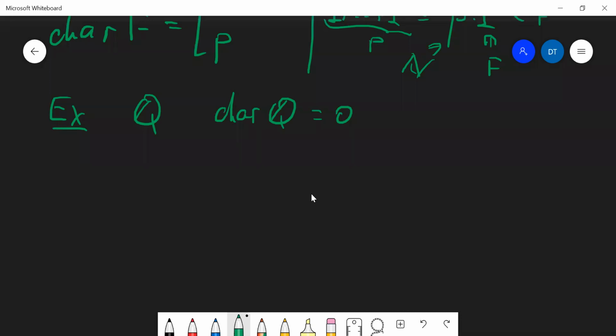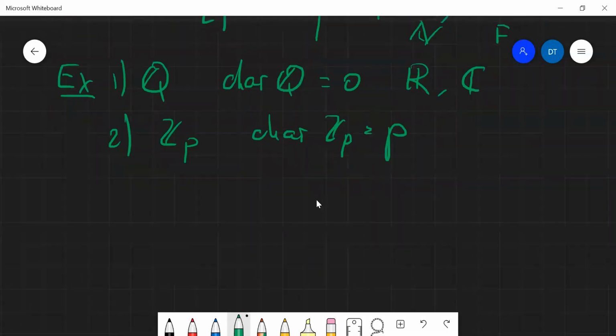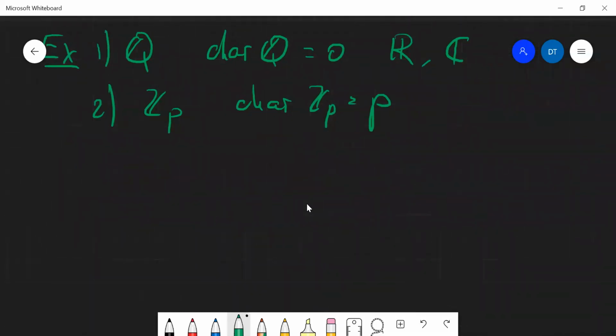And the same happens with the fields R and C, the real numbers and complex numbers. On the other hand, if you take Z_p as a field, then the characteristic of Z_p is p. It's a prime number. So these are the examples. Okay.